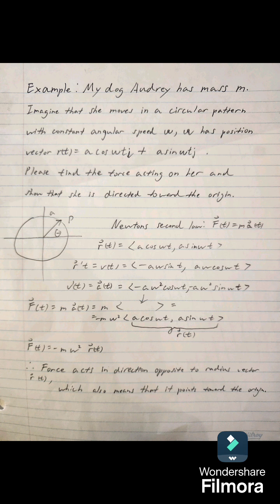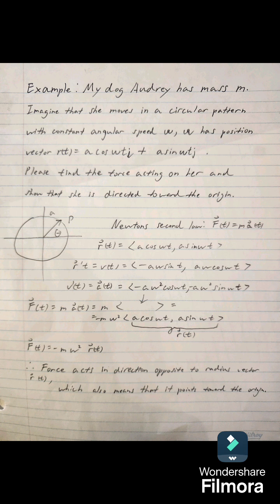So r prime of t, which is the velocity, equals negative a omega sine omega t and a omega cosine omega t. And let's keep going. The derivative, v prime of t, equals acceleration, and that equals negative a omega squared cosine omega t and negative a omega squared sine omega t.